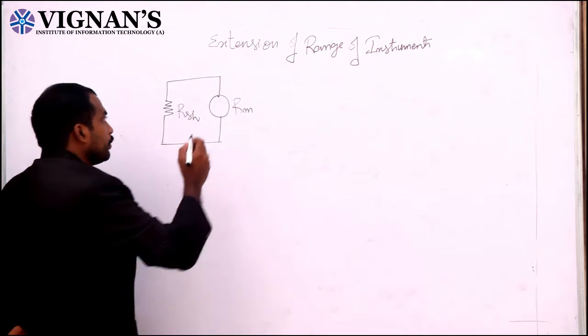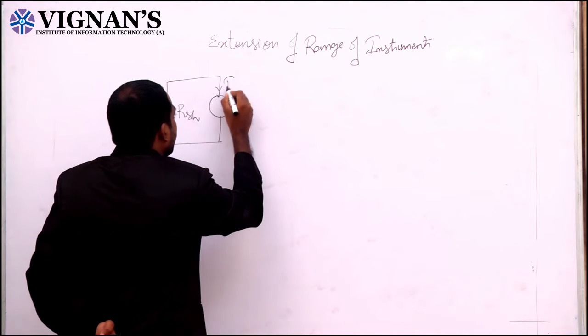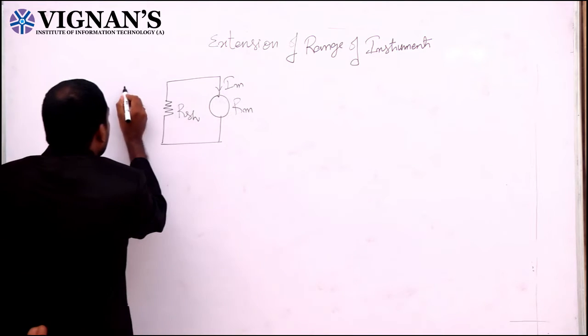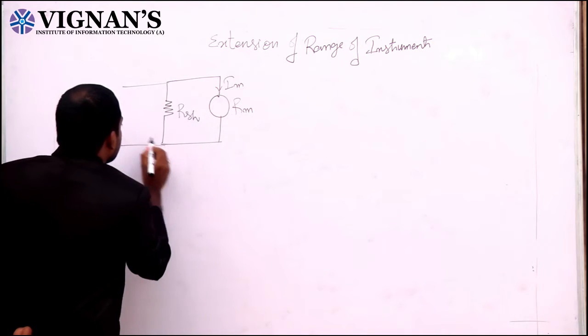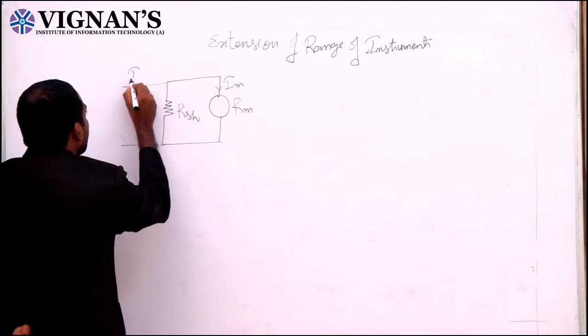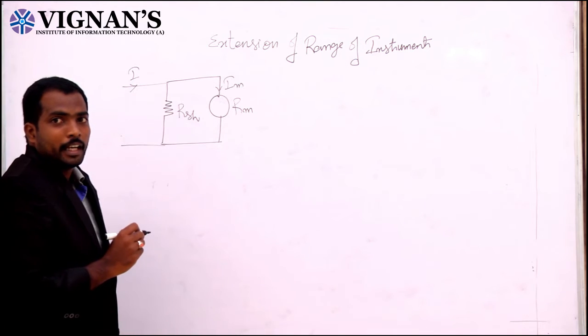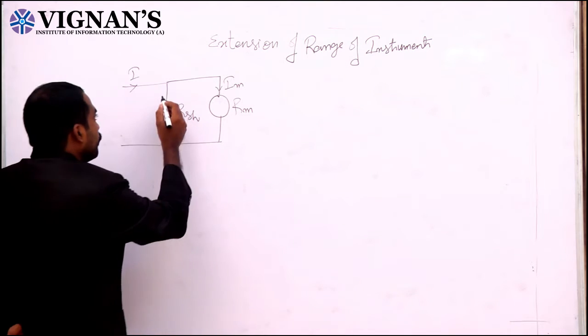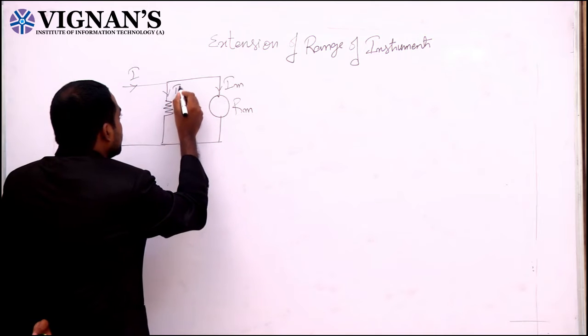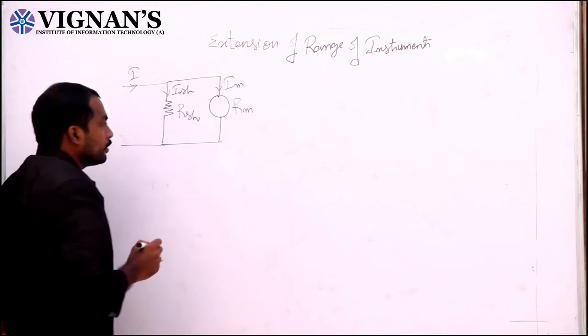The current flowing through the meter is Im, the unknown measured current is I, and the current flowing through the shunt resistance is Ish.